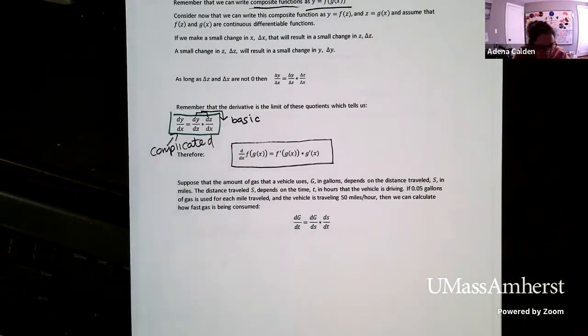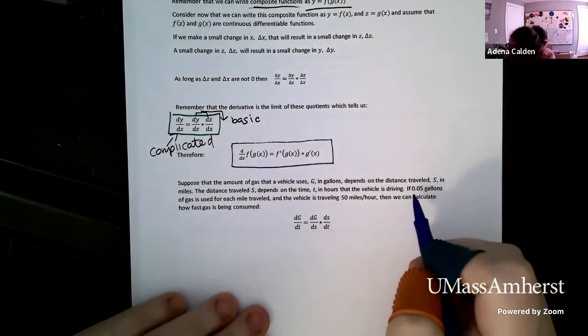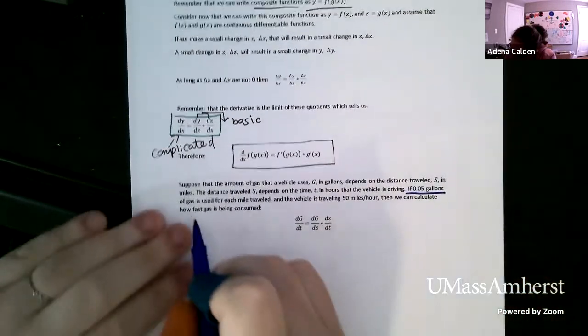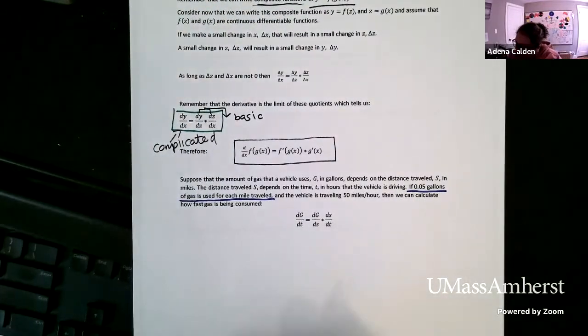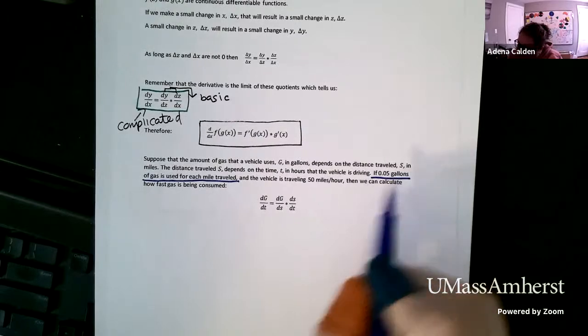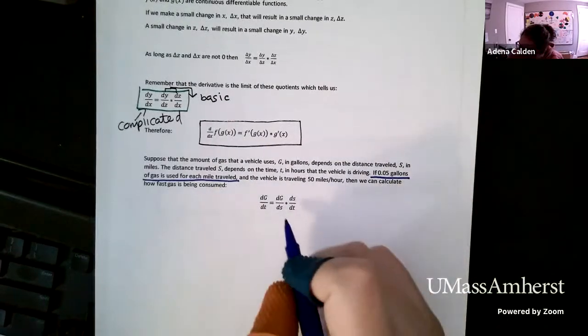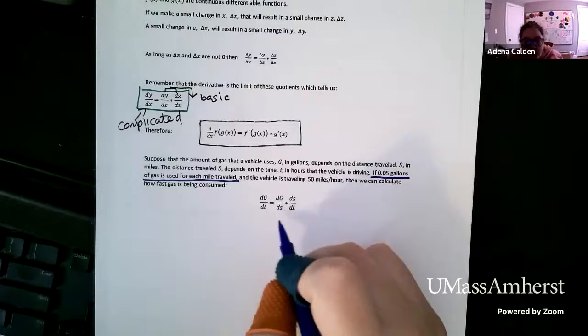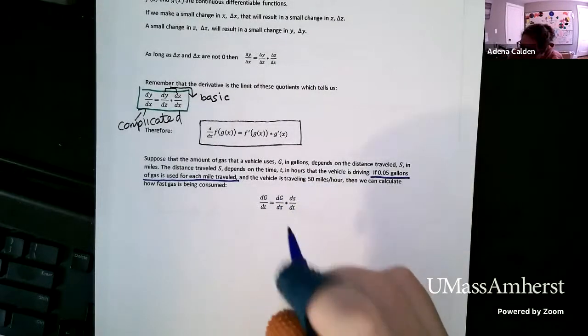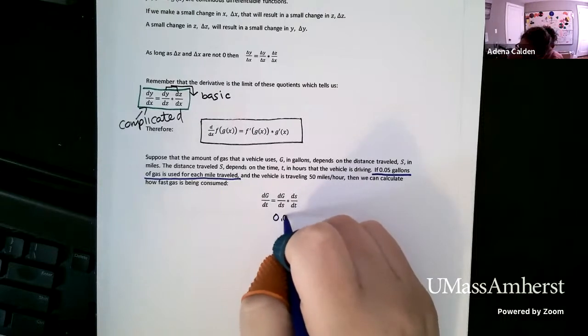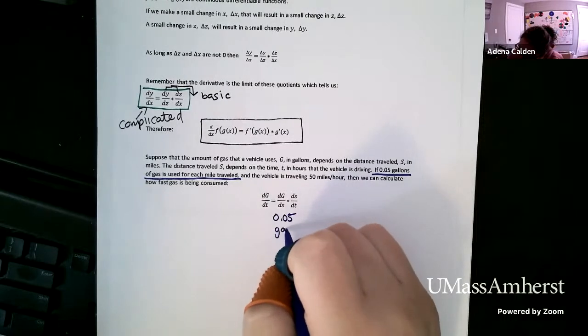So in this scenario, the information we have is 0.05 gallons of gas is used for each mile traveled. Here we're talking about gallons and distance. So that's dg ds, the rate at which this is changing, the gallons per mile. We know that that is 0.05, and we'll put the units underneath.